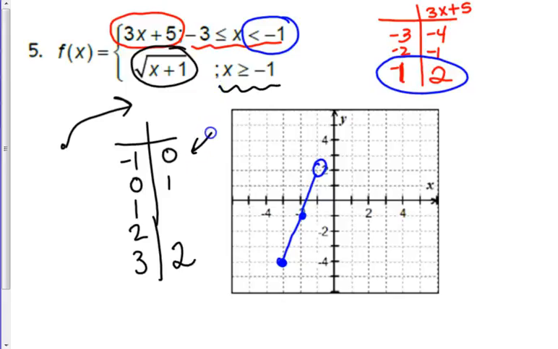Solid or open circle here? So -1, 0 is right down here, and I have a solid circle. 0, 1 is a point. 3, 2 is the next nice one. And make sure you have a curve showing that it is the square root graph. We could do that one?